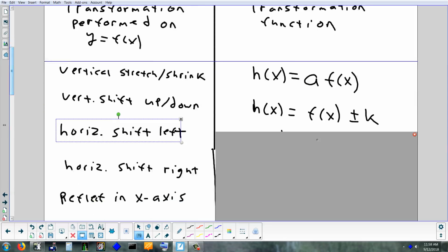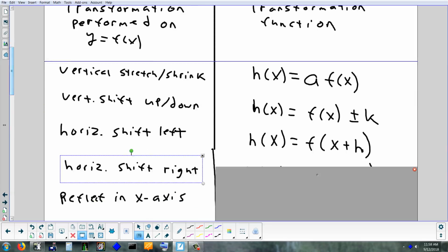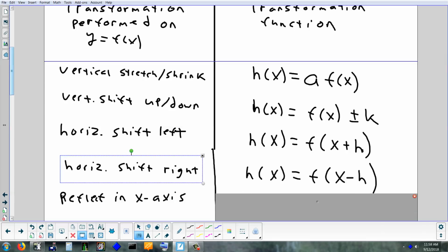One of these will be adding, one of them will be subtracting. If you want to shift left, do you add or subtract? So to shift left, you add. Okay, if you want to shift left, you add. If you want to shift right, you subtract inside your function.